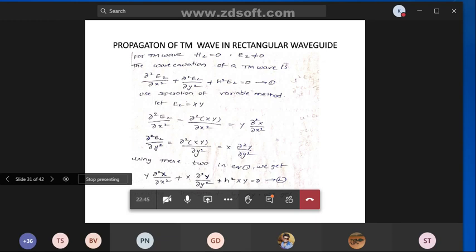Then we get Y into dou square X by dou x square, and X into dou square Y by dou y square. Substituting these two in equation 1, we get Y into dou square X by dou x square plus X into dou square Y by dou y square plus h square XY equal to 0.